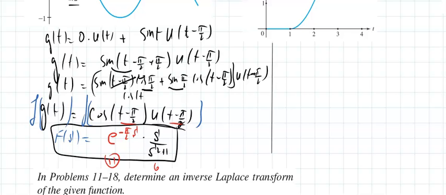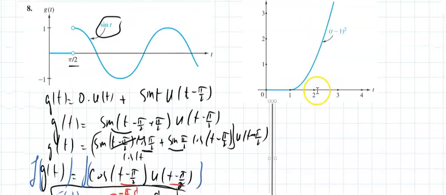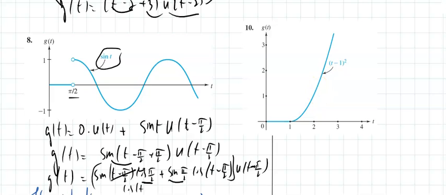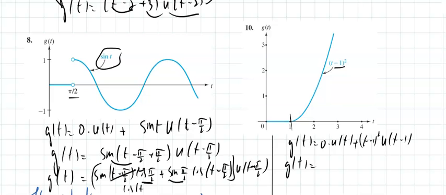And if I look at number 10, g of t equals 0 times u of t, t minus 0 really, and this system turns on when you hit 1, and it becomes t minus 1 squared. Here it matches. So g of t equals t minus 1 squared u of t minus 1.